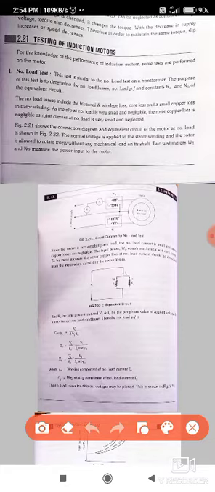Here there are two main tests, no load test and blocked rotor test. We conduct these two tests similarly in the case of a transformer. Without applying the actual load, we will estimate the performance at different loads by conducting the no load test and blocked rotor test, similar to transformers, which you already studied earlier.